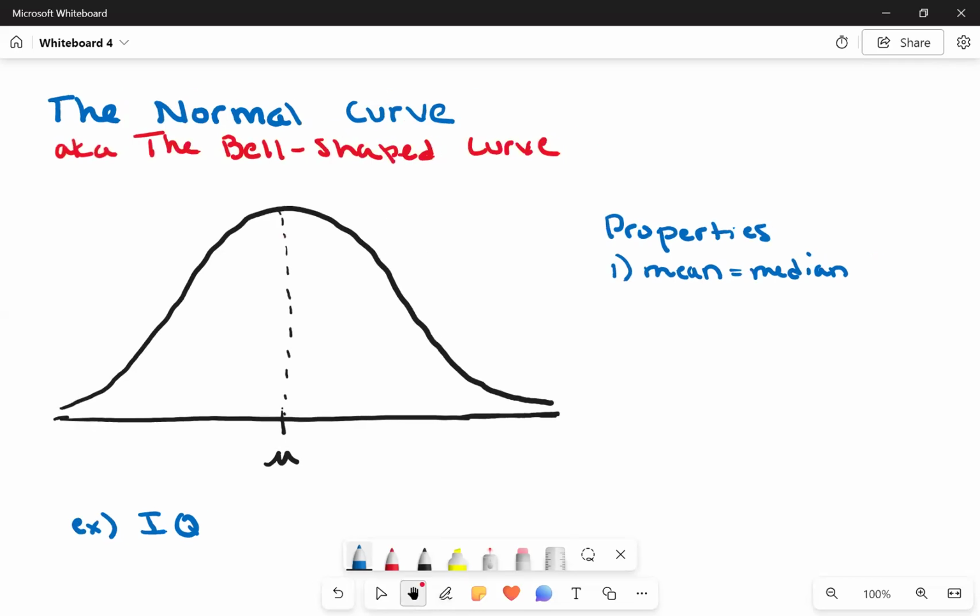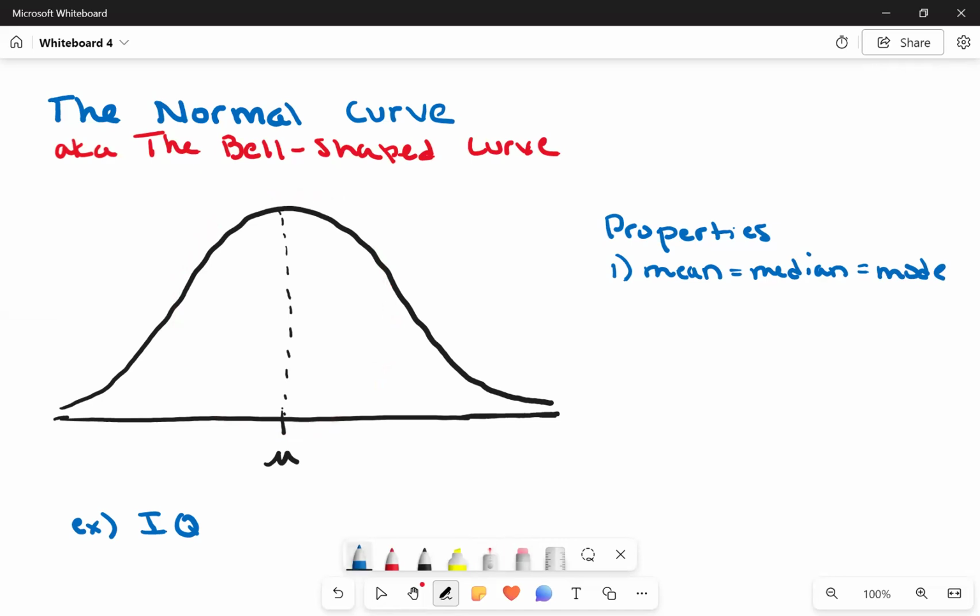So the mean is in the middle, and so is the median, and actually so is the mode. That's because the majority of the data is grouped up in the middle. Thinking about this from a histogram, that would be where the tallest rectangle is, implying that that's where the most data is, implying that that is the mode.